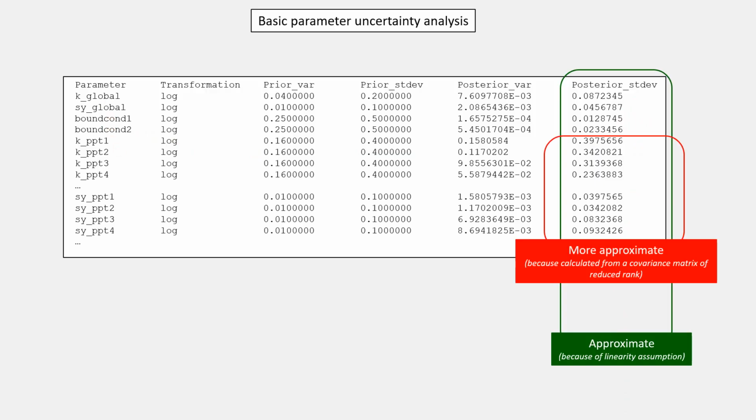However, when it comes to these spatially distributed parameters, we really are asking a lot out of this process. We've taken a posterior covariance matrix that's applicable to a subset of parameter space, and we've tried to calculate uncertainties for all parameters that occupy the entirety of parameter space.